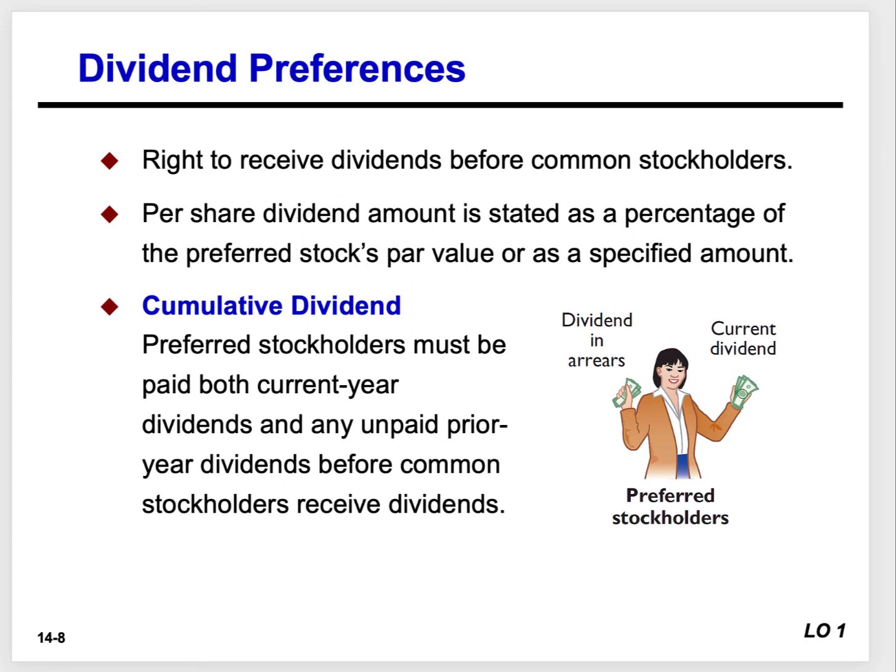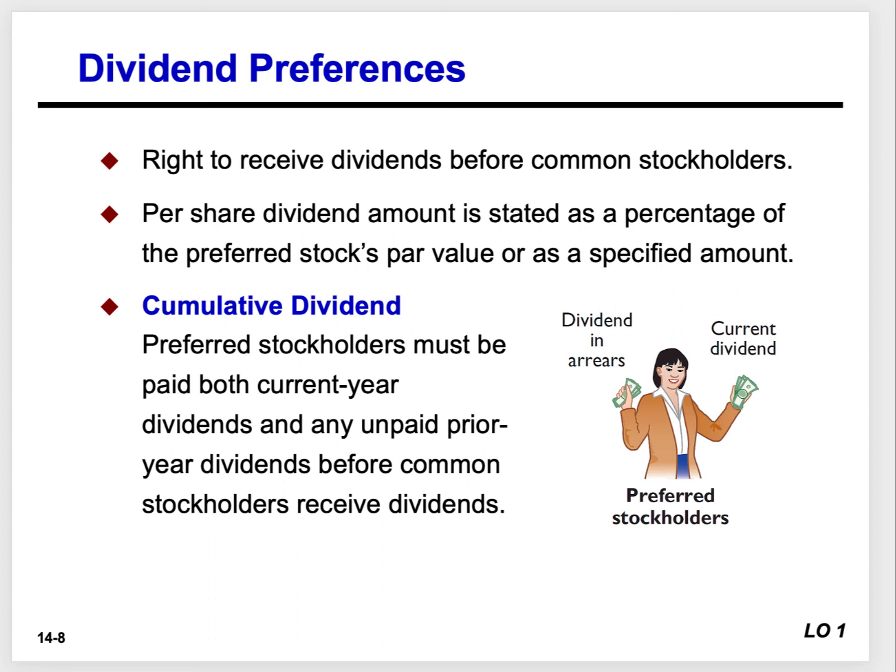Cumulative dividends, again, basically we're saying preferred stockholders have to be paid both the current year dividend that we declare and any unpaid prior dividends before the common shareholders receive any dividends. The common shareholders are last in line to receive any distributions from the company, whether that's dividends, liquidation, whatever.